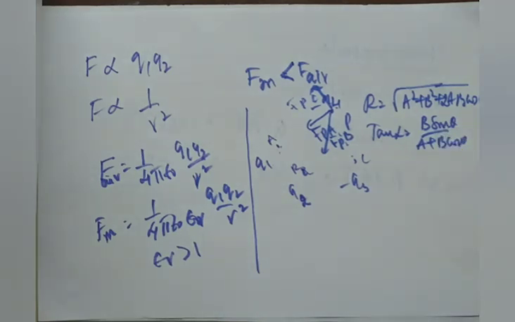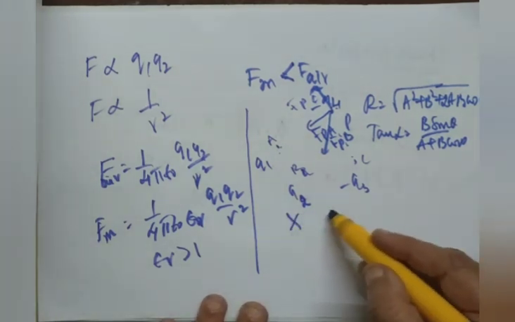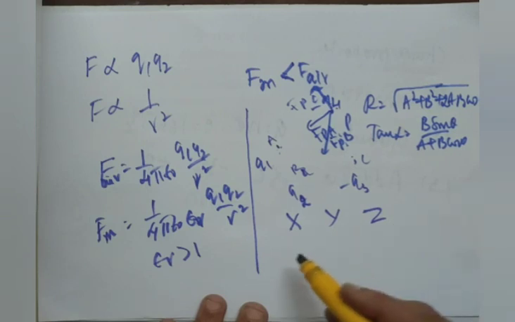But once you have many forces, you can resolve each force into components and then add all the x components and all the y components. If z is also there, add all the z components. You will get net x component as x, net y component as y, net z component as z.